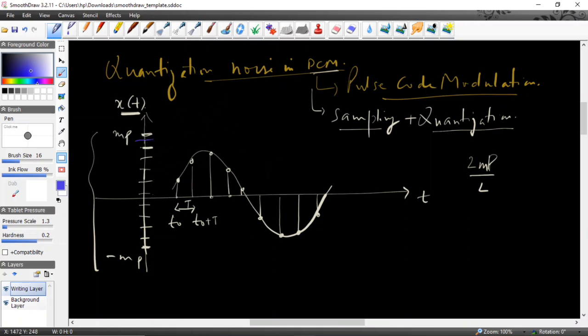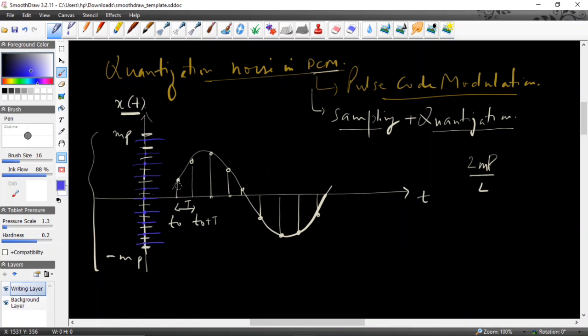Okay, maybe this point or this or here, here, and so on. Now the amplitude cannot take any random value. These midpoints in each interval are the only values which the sampled signal can now take.